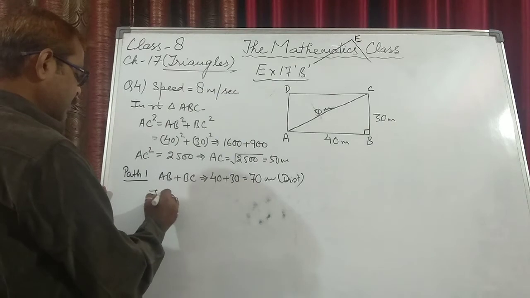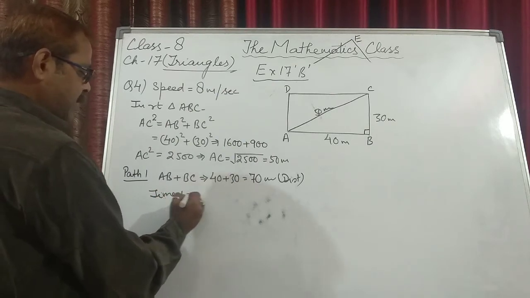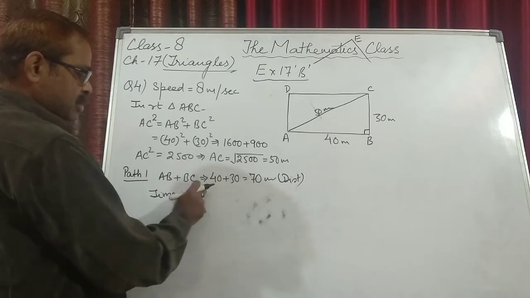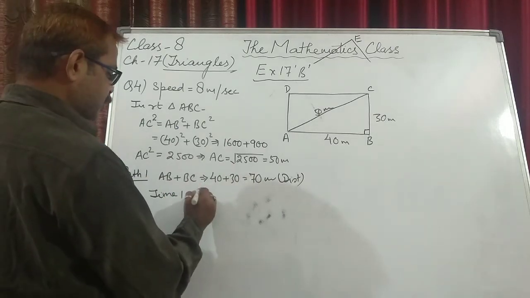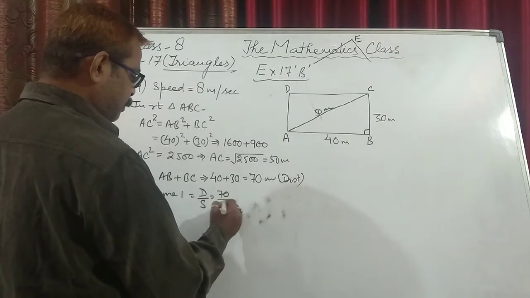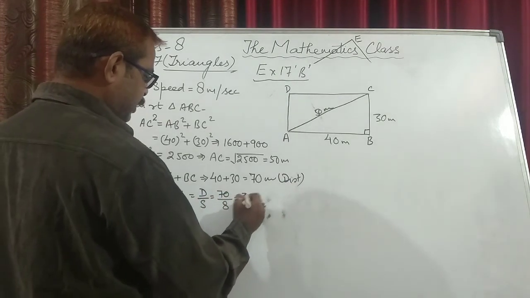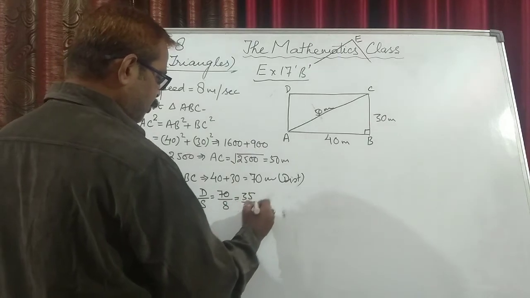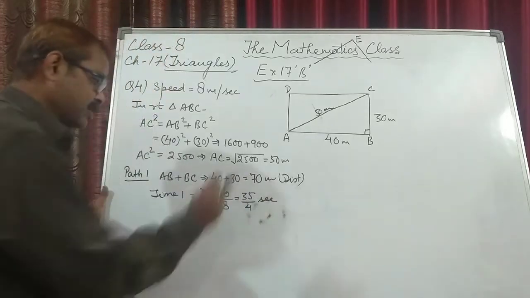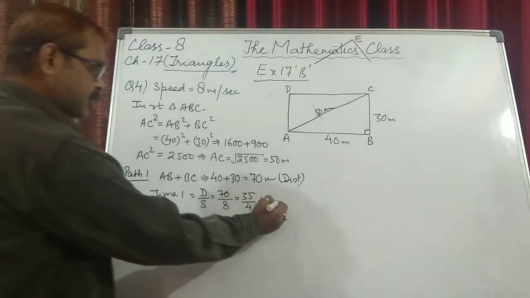So we will find time 1, I am writing, because we are choosing path 1. Time, you know, is distance upon speed, and distance is 70 upon 8. It means 35 upon 4 seconds, because it is meters per second, so seconds. I am leaving it here only.